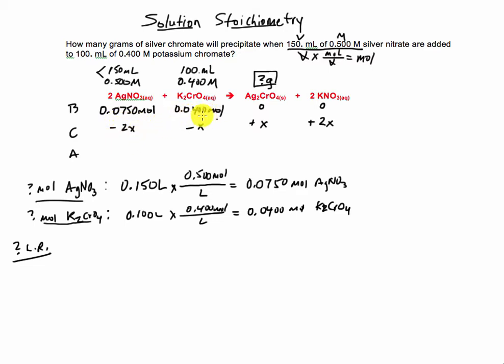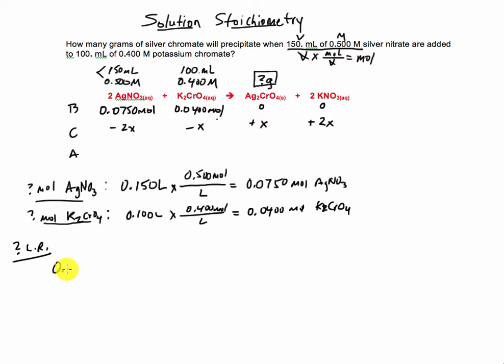So you can't just say that the smaller one runs out, because you have to look at both B and C to figure out the limiting reactant: how much we have and how much gets used in the reaction. There's a 2 change here, so this is going to change twice as fast as the potassium chromate. It looks like I don't have enough silver nitrate, because I need about twice as much. So my hunch is silver nitrate is going to run out.